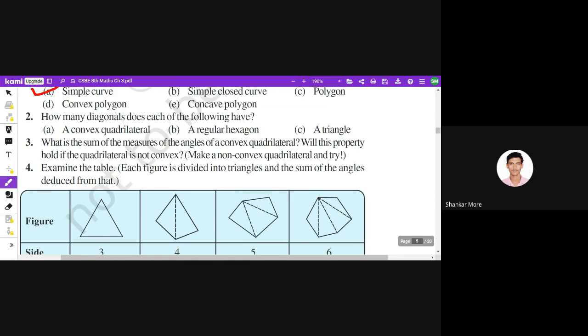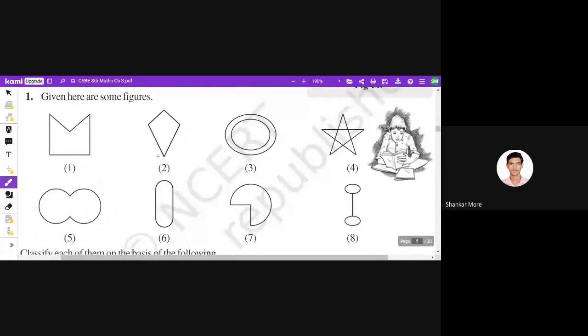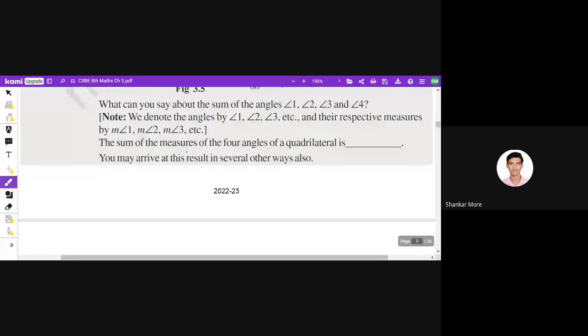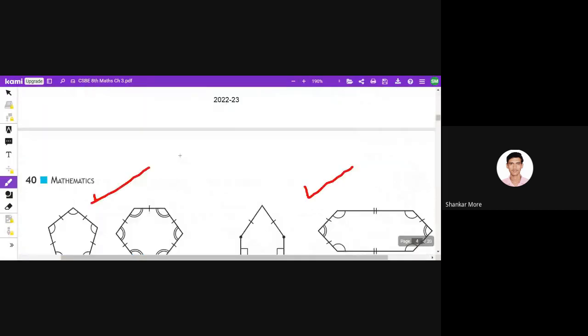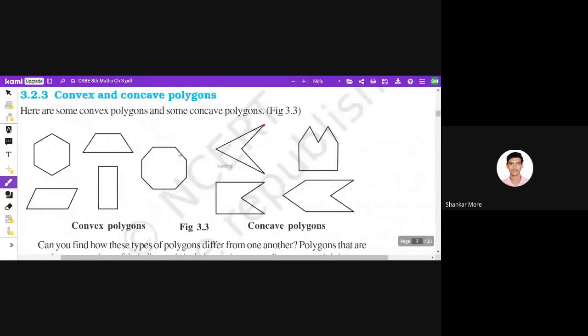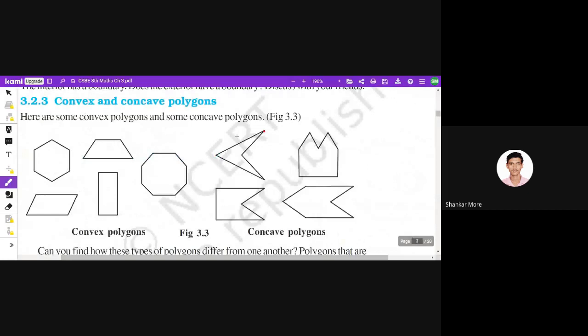So for now, I will take this as the concave quadrilateral. Or it's not. It's not a quadrilateral. It has more than four sides, right? So let's take an example, let us say this one. Can we take this one? This is a concave quadrilateral, right?